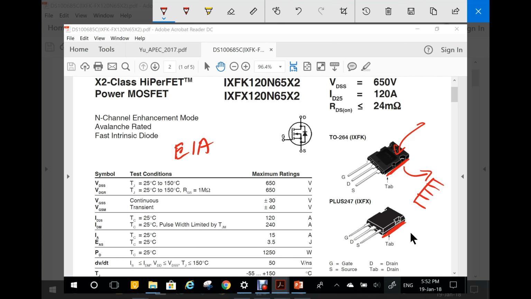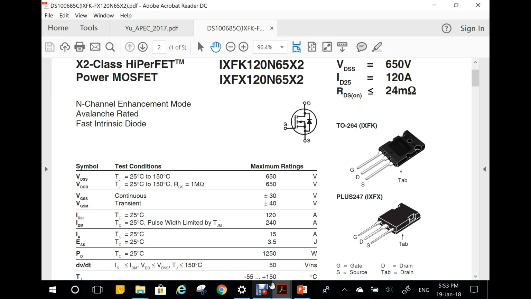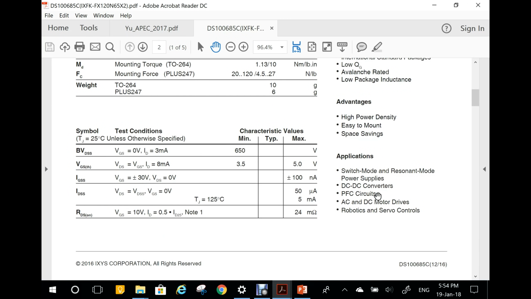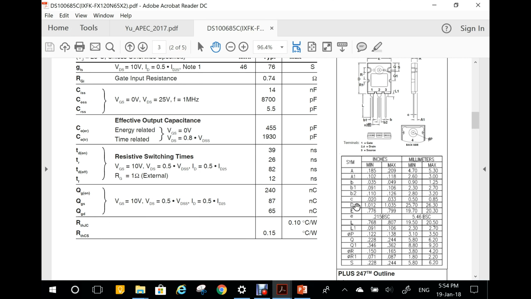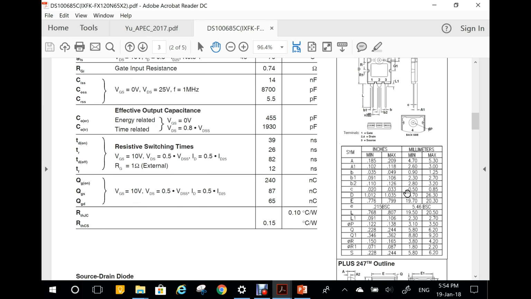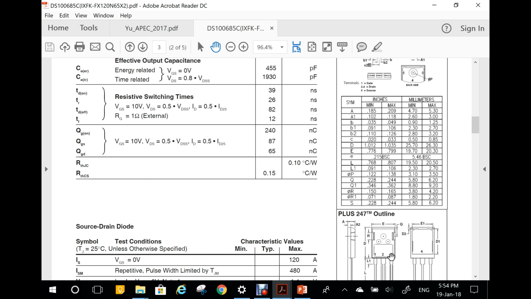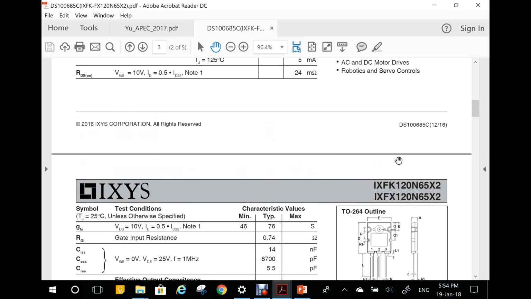So this is the casing, and as I've said, there is a description of this casing here, and these are the exact dimensions, tolerances, etc. I'll not go into it, which are important, of course, for the mechanical design of a piece of equipment.